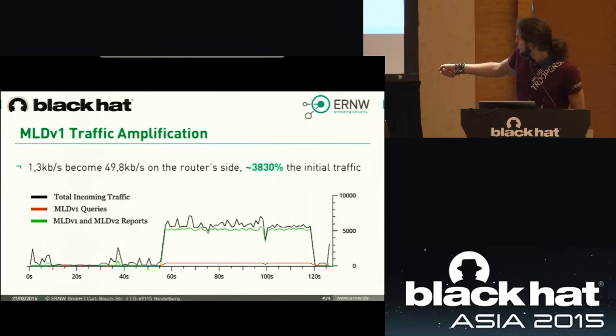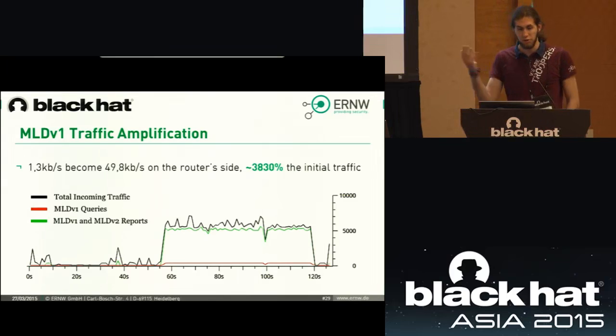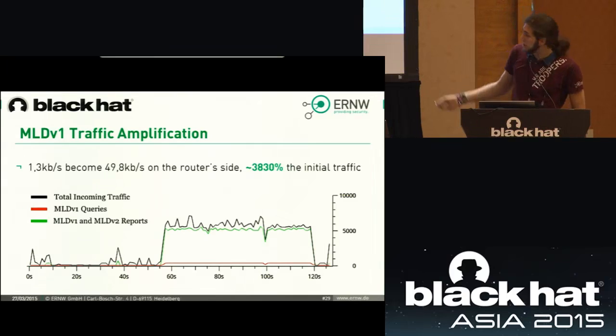So we statically sent MLD version 1 queries, and at the same time the amount of reports replying back from our clients, in this scenario four clients, made our traffic rise 38 times more than before.